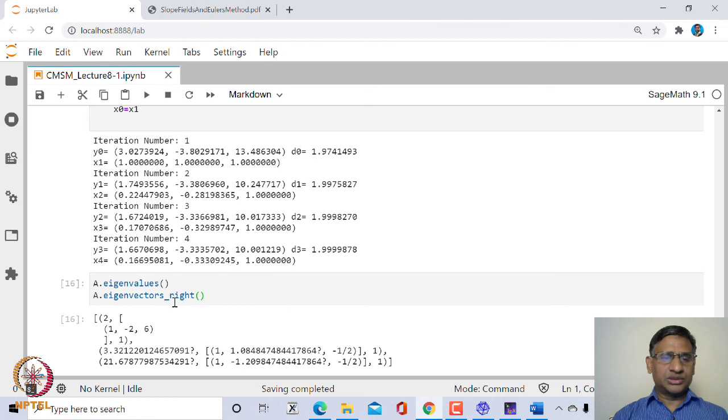The maximum value you can see here is 1, and this will be minus 2 by 6, which is minus 1 by 3, and this is 1 by 6. So that is what you have got.